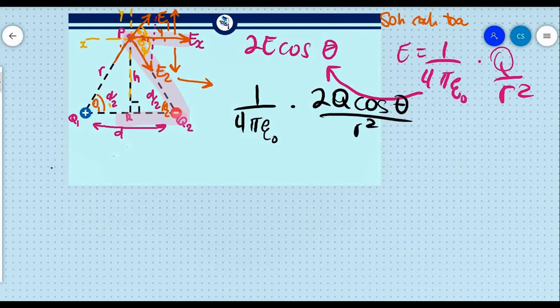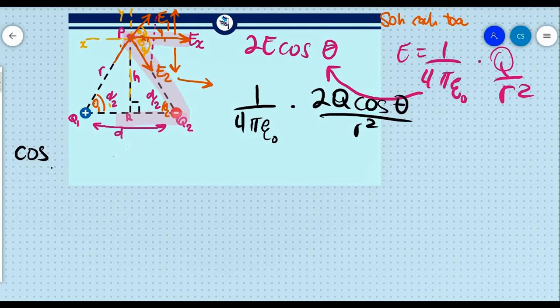Alright. Now, a few things we need to deduce. What is cosine theta equal to? And what is R squared and R equal to? Okay, first of all, cosine theta, as I said, was equal to the adjacent side over the hypotenuse. And this time we'll be focusing on this entire triangle, okay?